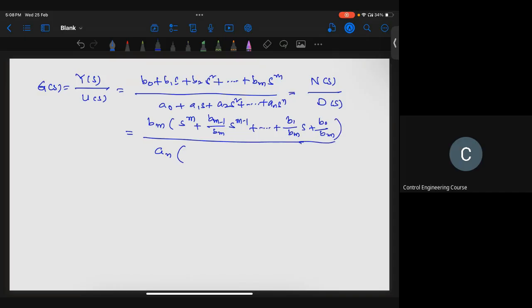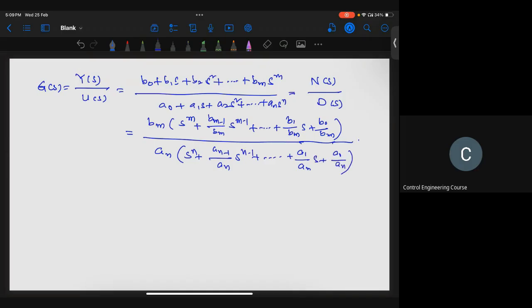Similarly in the denominator, sⁿ plus a(n-1)/an sⁿ⁻¹ etc. plus a1/an s plus a0/an.